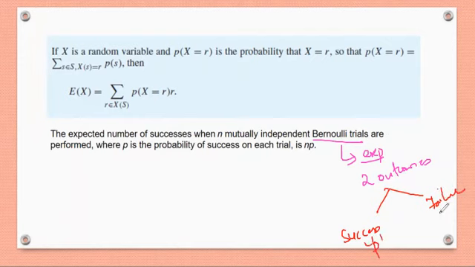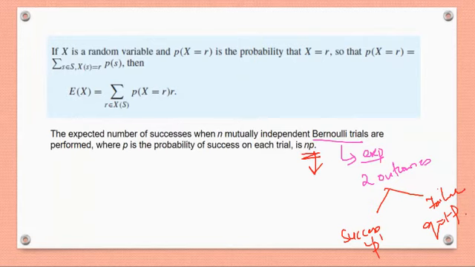If the probability of success is P, then the probability of failure will be Q equal to 1 minus P. Now, for the Bernoulli random variable, the expected value is given as NP, where P is the probability of success on each trial. If you're performing N trials, then the expected number of successes is N into P.